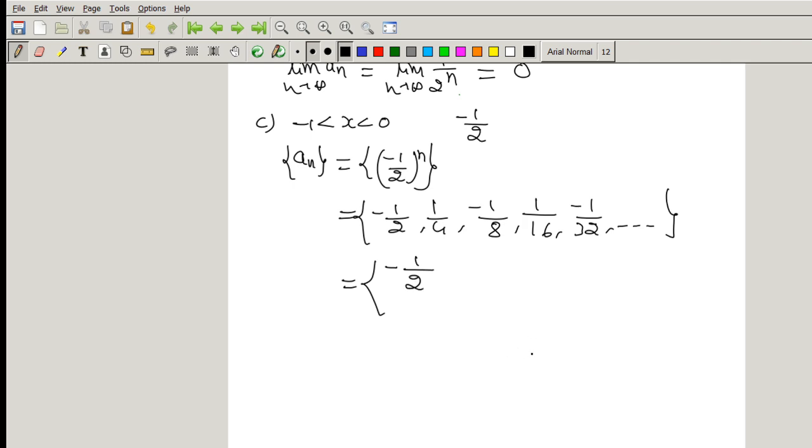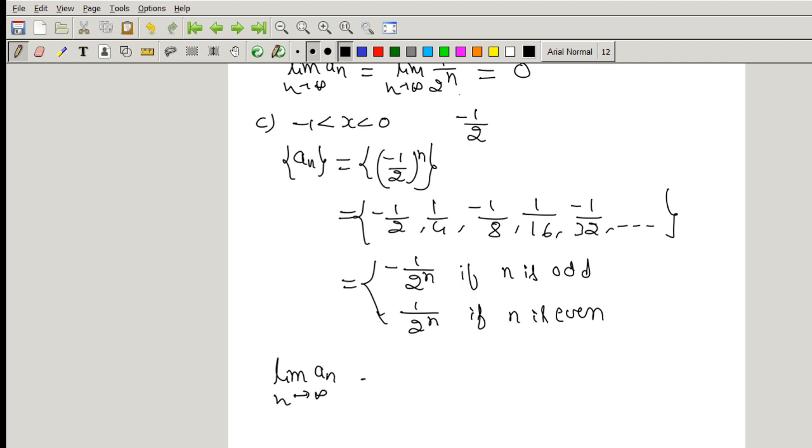We can write it as minus 1 by 2 power n if n is odd, and 1 by 2 power n if n is even. I have written the sequence in the form of two subsequences. If this sequence is convergent, then every subsequence converges to the same value. Therefore, I am checking whether these subsequences converge to the same value or not.